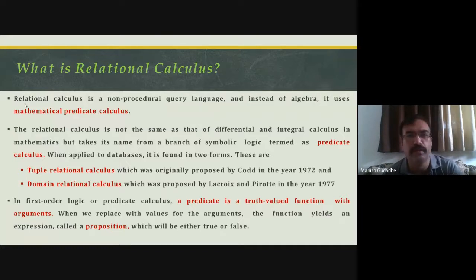The set theory which we have seen, the symbols like there exists, for all, these kinds of symbols we have already used in predicate calculus in mathematics or algebra. The same similar kind of construction is here.